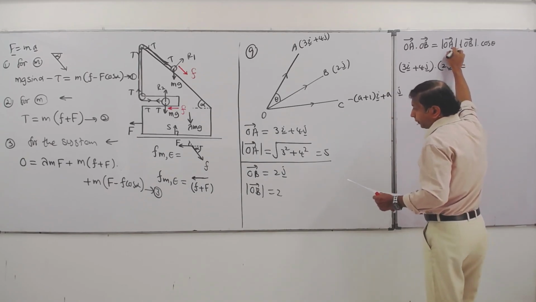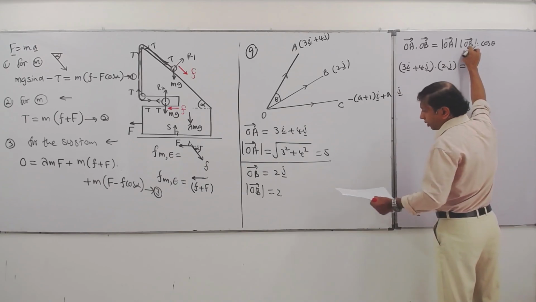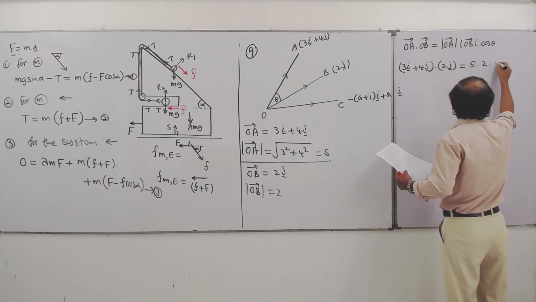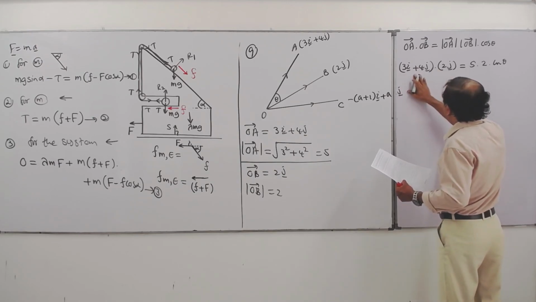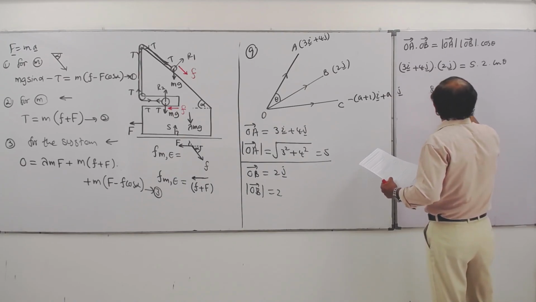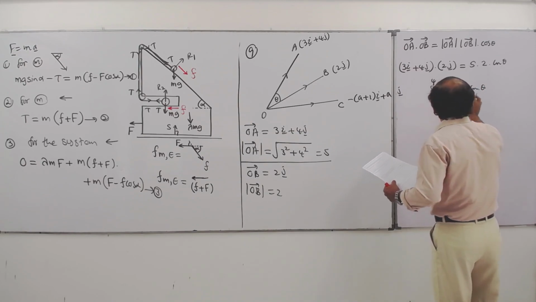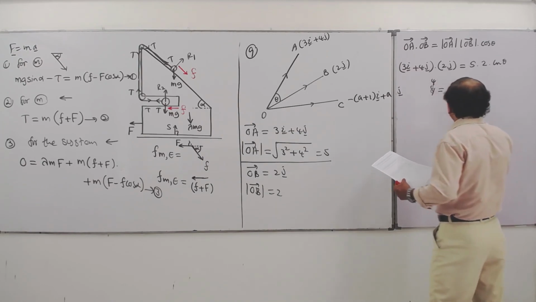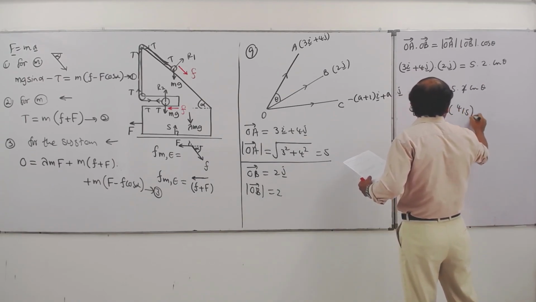OA vector modulus is 5, OB vector modulus is 2, cos theta. When you take the dot product, we have to multiply i coefficients and j coefficients. But here we don't have an i in the second bracket, so only 4 and 2, 8. We have to multiply 5 into 2 cos theta. 2 and this you can cancel down. Then cos theta equals 4 by 5. Theta is cos inverse 4 divided by 5.